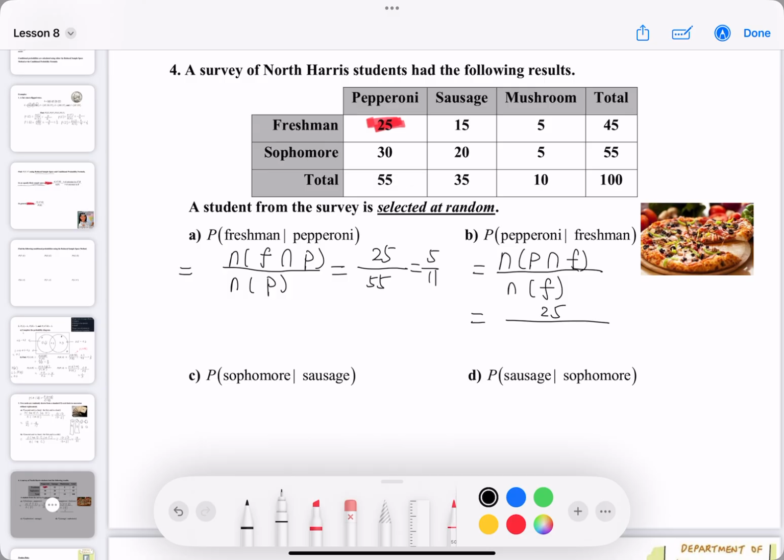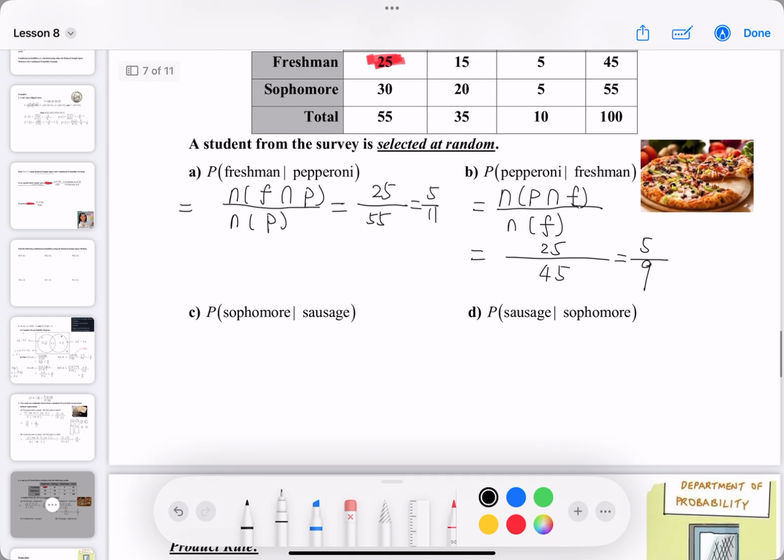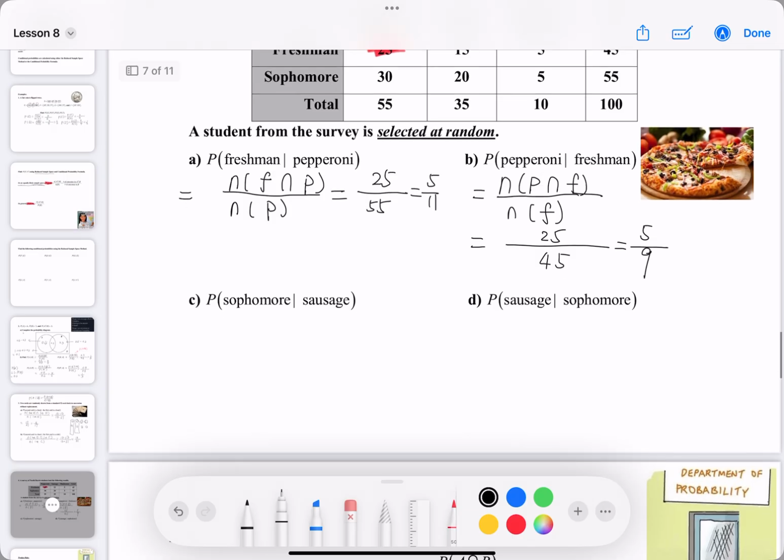What is N of F? N of F. Freshman. The total number of freshmen is 45. Let's put 45 here. And top and bottom, they are all divisible by 5. Divide by 5, divide by 5. 5 over 9. Okay, let's see. Next example.